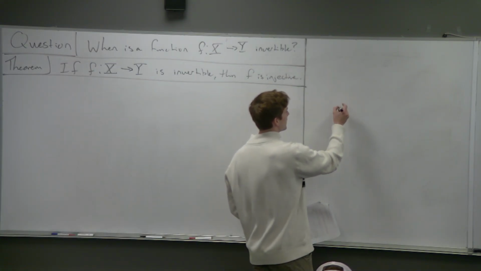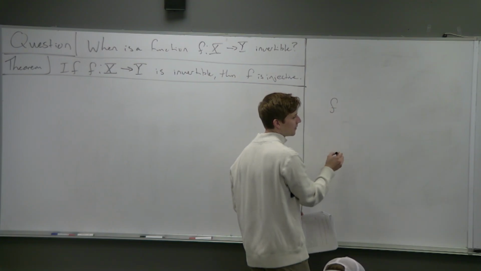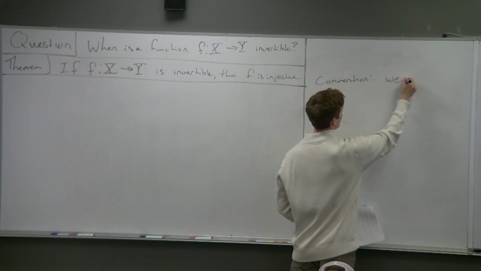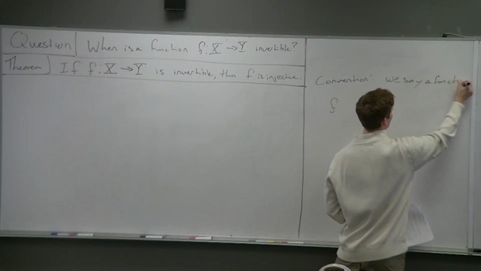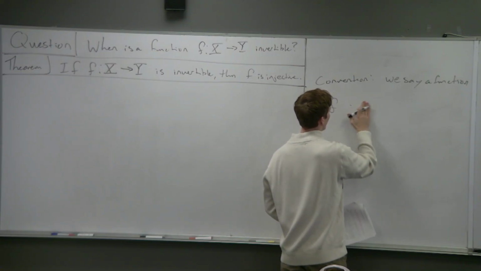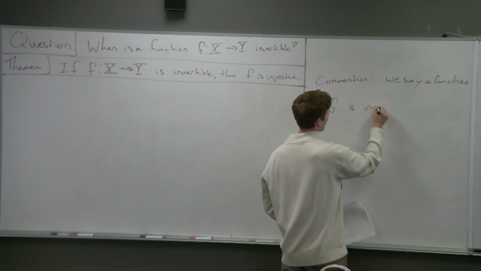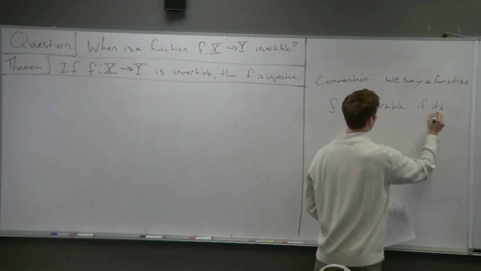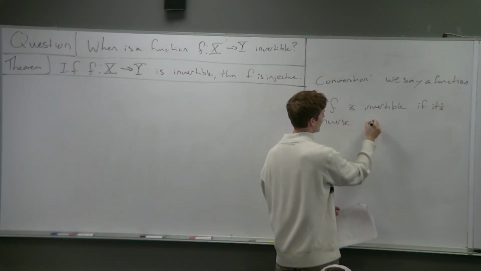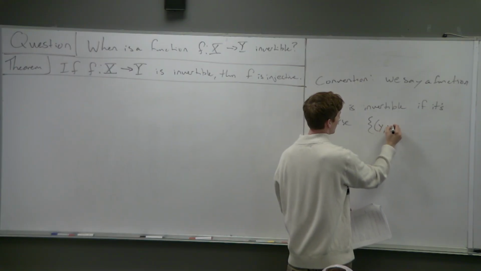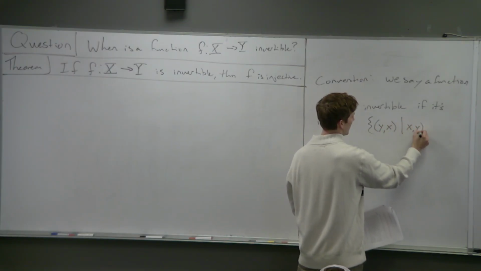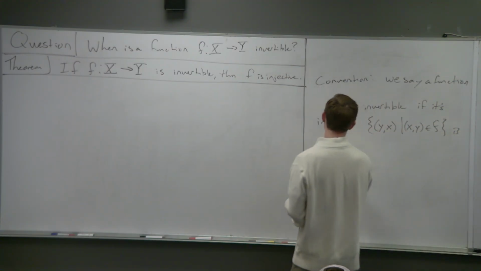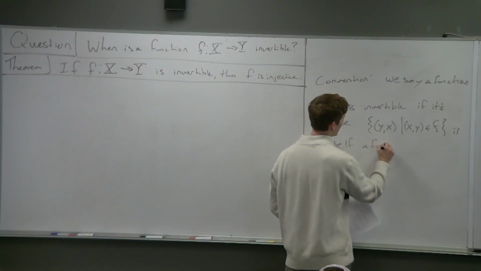Okay, if you don't, our convention is that if you have a function f, so here, quick, convention, we say a function f is invertible if its inverse, the set of (y, x) such that (x, y) is in f, an ordered pair there, is itself a function.